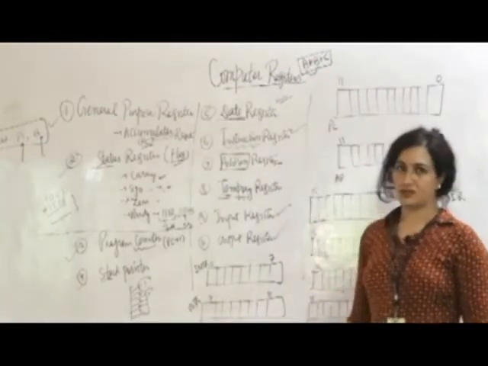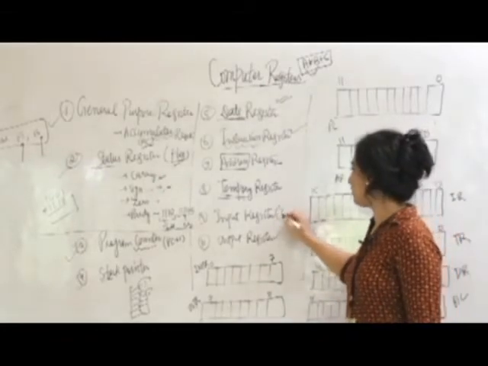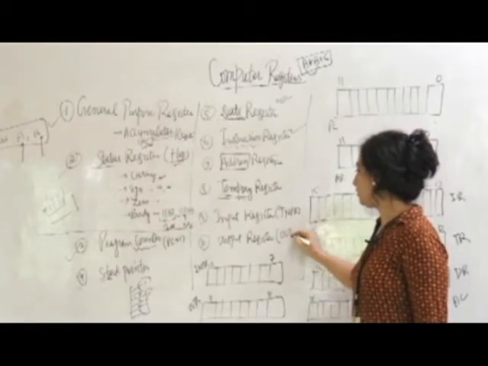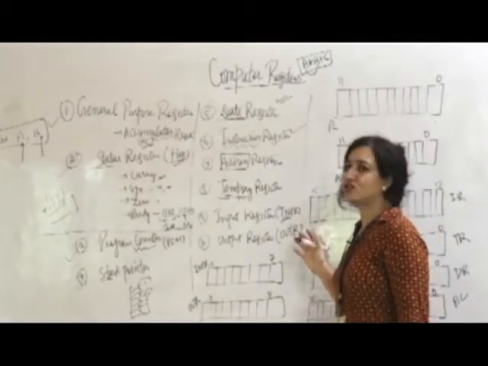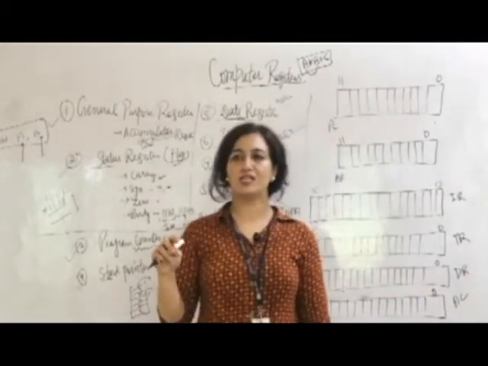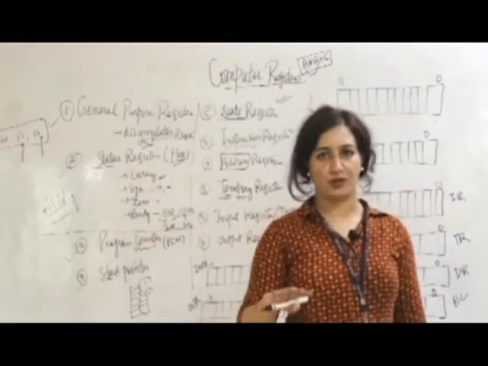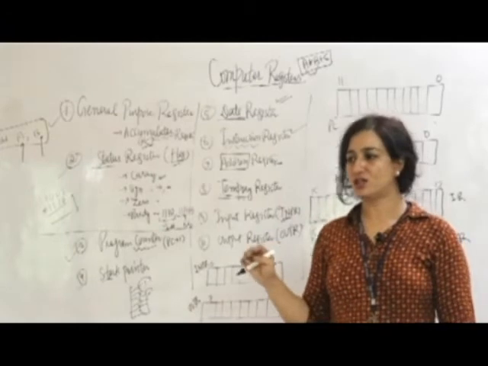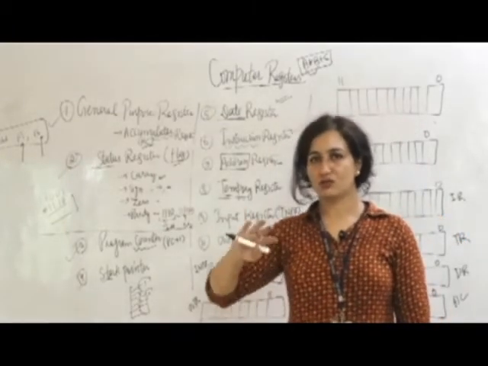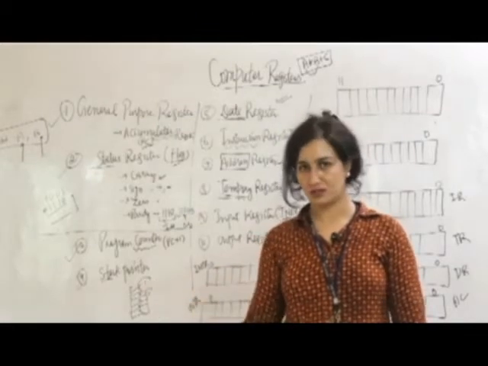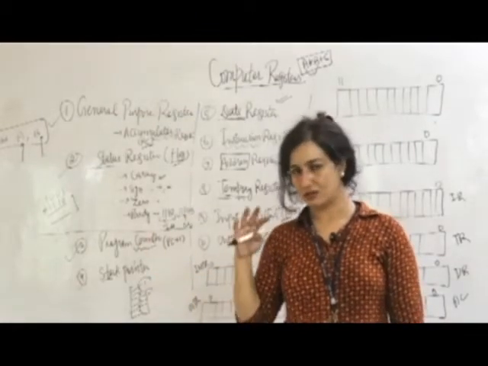Input and output register. Input short form is INPR and output is OUTR. As the name suggests, the input register. Input means when we are giving input through the keyboard, when we press the keyboard, right, or when we give an instruction through a mouse click, the value first goes to the input register and then goes to another register, right?